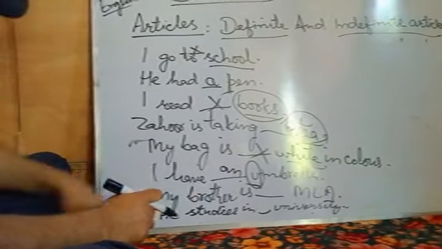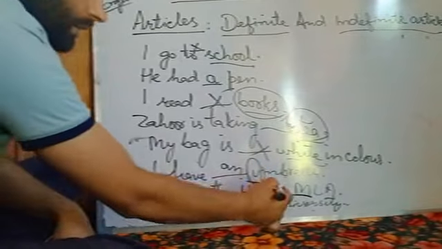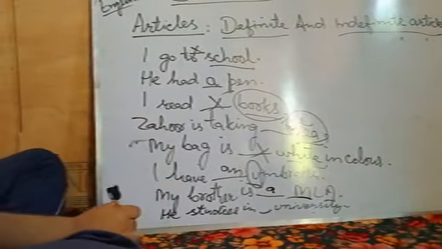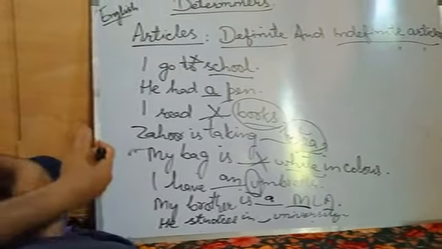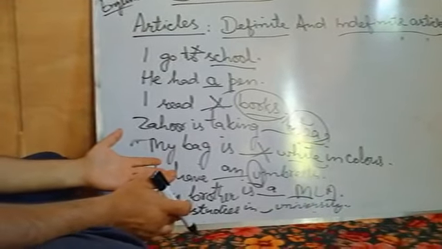My brother is dash MLA. If I use a here, it is wrong. Why is it wrong? Here it is M, and M is a consonant.